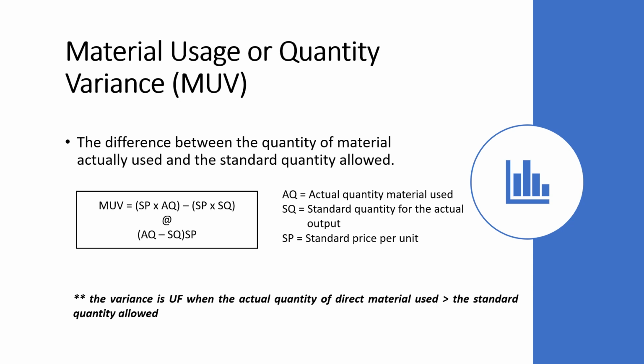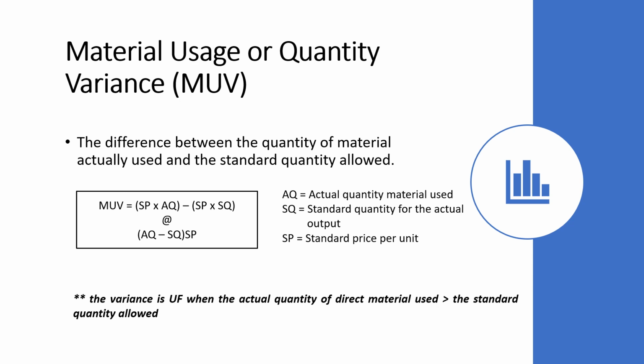This is the material usage or quantity variance, which is the difference between the quantity of material actually used and the standard quantity allowed. The formula for material usage variance is the standard price per unit times the actual quantity of material used, minus the standard price per unit times the standard quantity for the actual output.